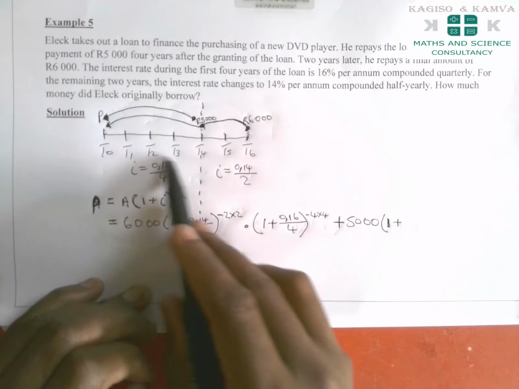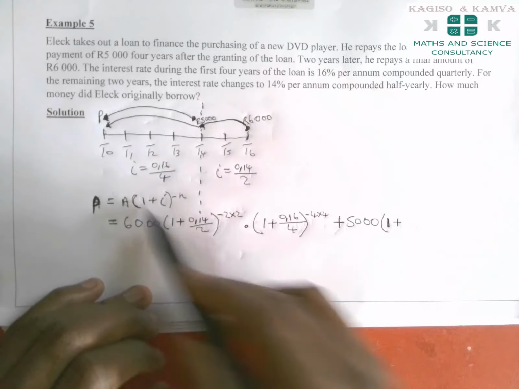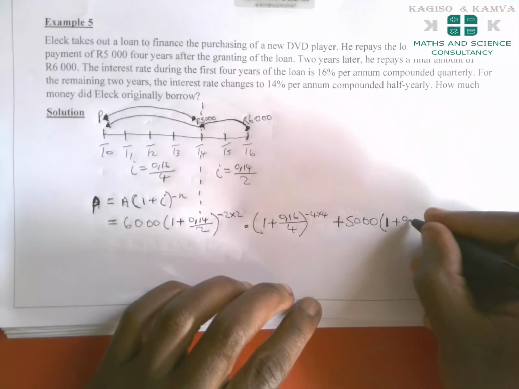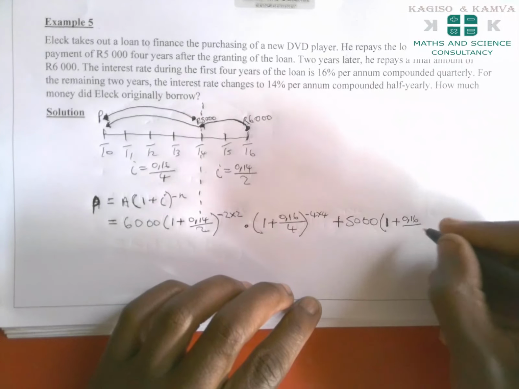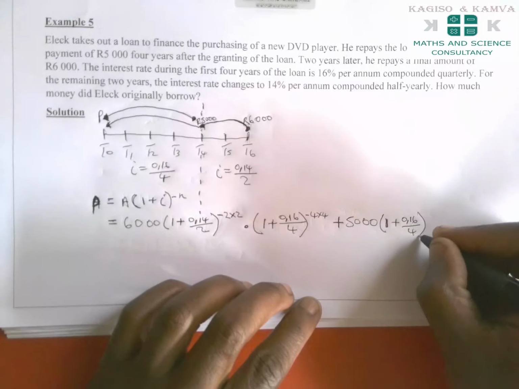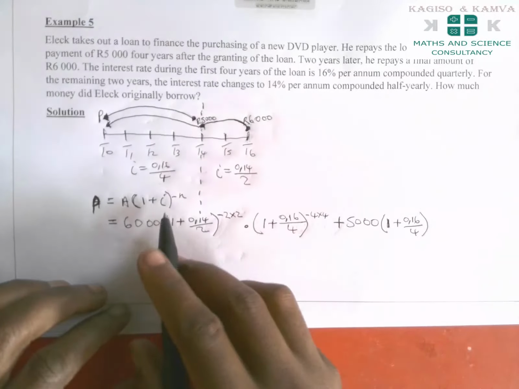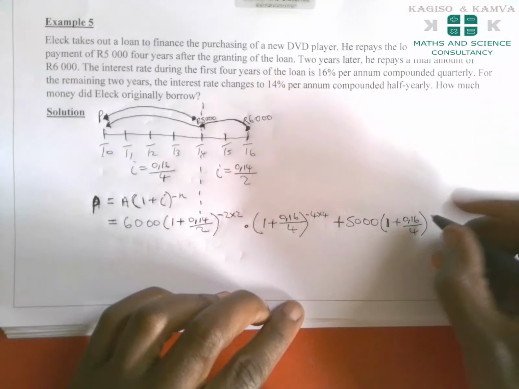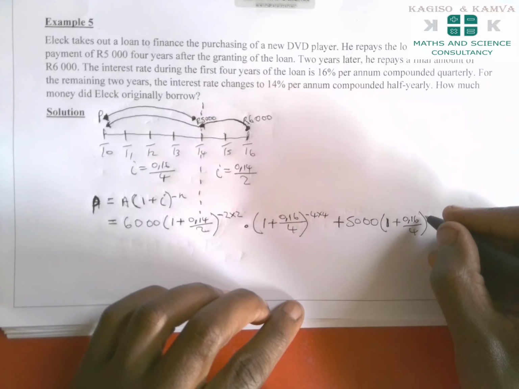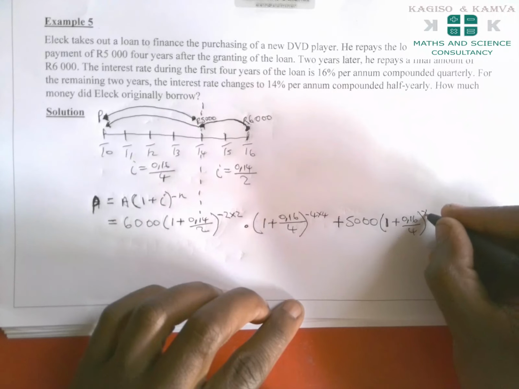This one, 0.16 divided by 4 because it's quarterly. For how many years? Also 4 years, so this is going to be negative 4 times 4.